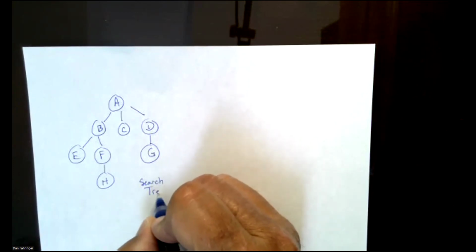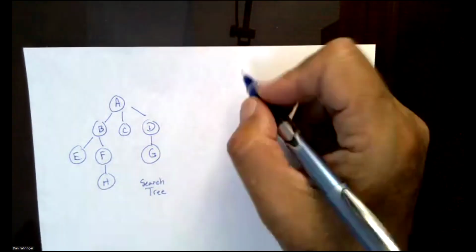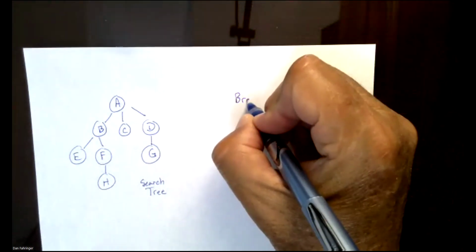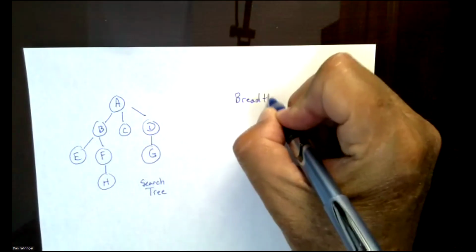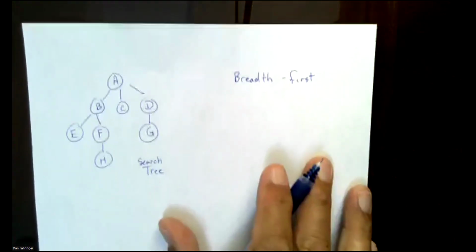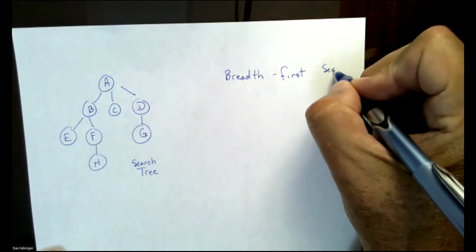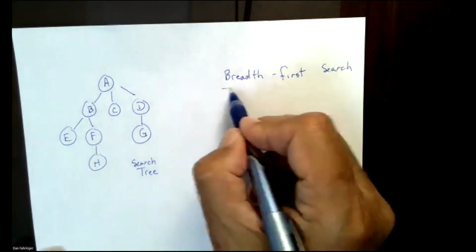It's not necessarily binary because A goes three different places. And this time I'm going to look at something called breadth first search, traversal, whatever it is you want to do.